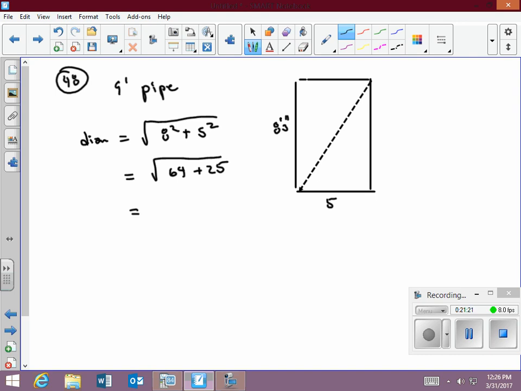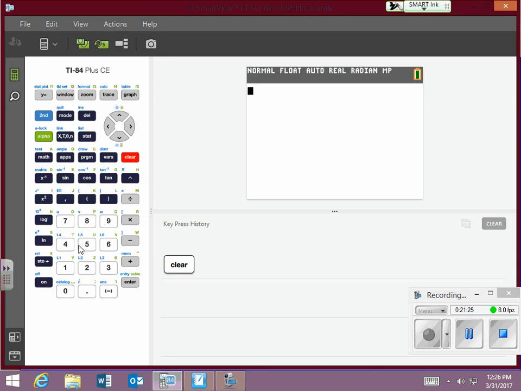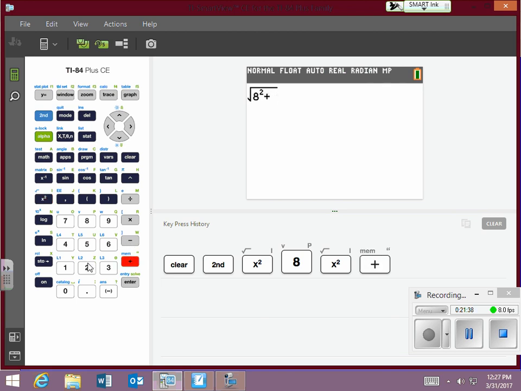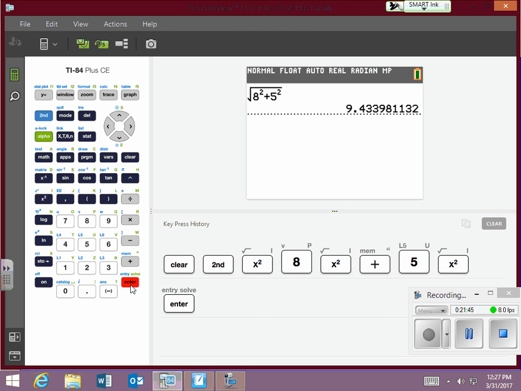So if you did that calculation, the square root of 8 squared plus 5 squared, it's 9.4. So what would you conclude?